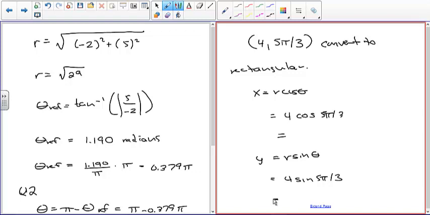I'm just going to stick it in my calculator. 4 times the sine of 5 times pi divided by 3 is equal to negative 3.464. Oh, that's this one down here, sorry. And this one is 4 times cosine 5 times pi divided by 3, and I get 2.